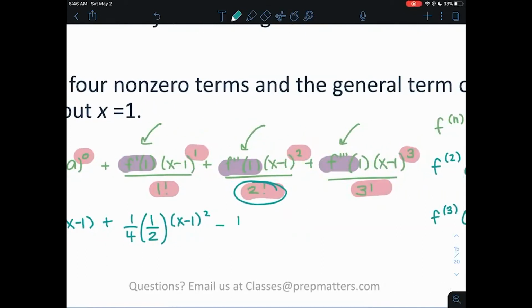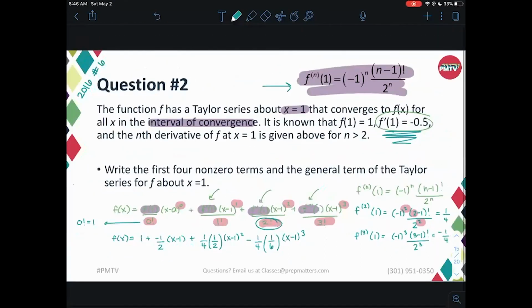And then my third derivative is 1/4. I have a 3 factorial, which is 6, and then x minus 1 cubed. That is the beginning of our question. This right here, first 4 non-zero terms: 1, 2, 3, 4.